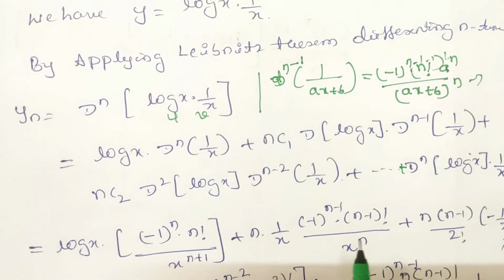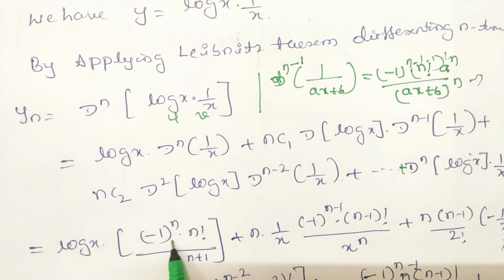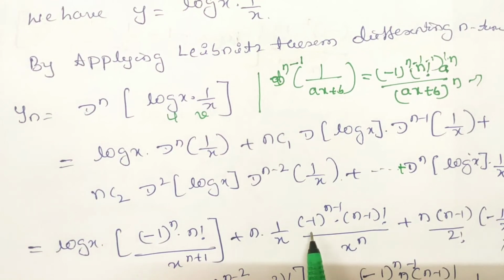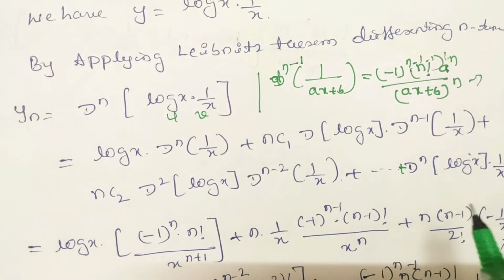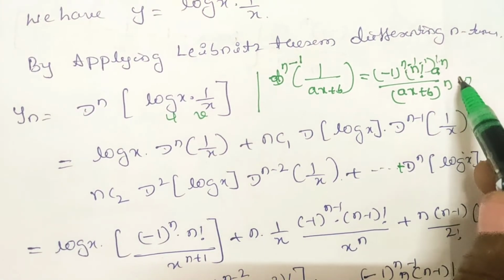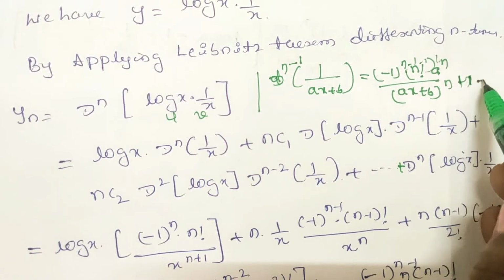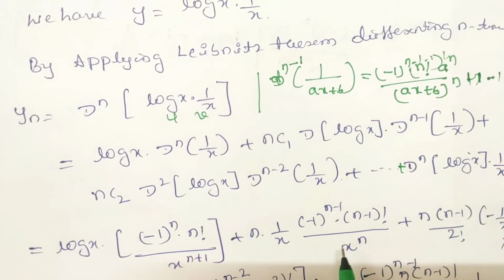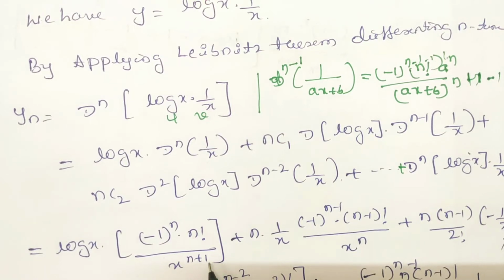You just replace n by n minus 1 in the previous term and you will get this one. That is minus 1 raised to n minus 1 into n minus 1 factorial divided by x to the power of n. Previously it was n plus 1 and this one is minus 1, so the 1s get cancelled. It is simply x to the power of n.